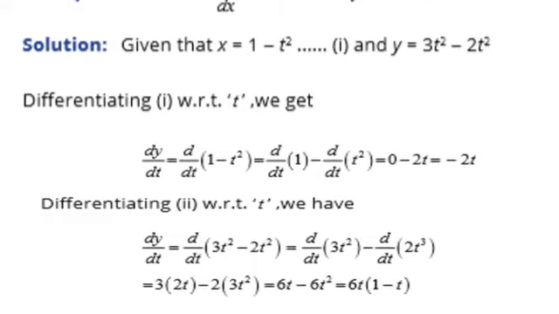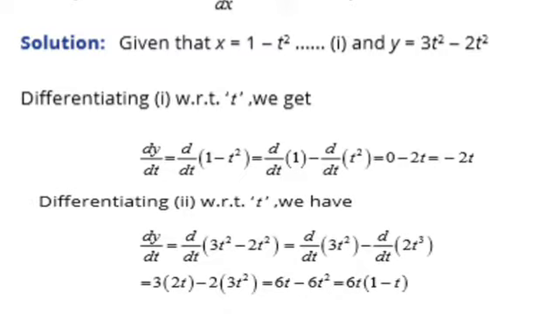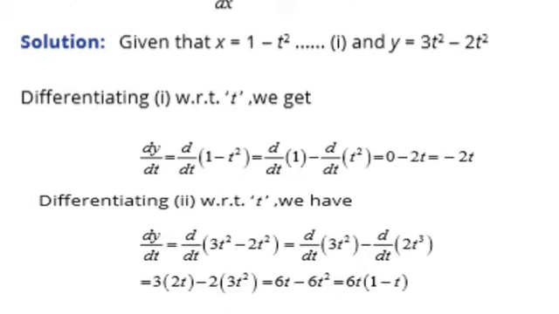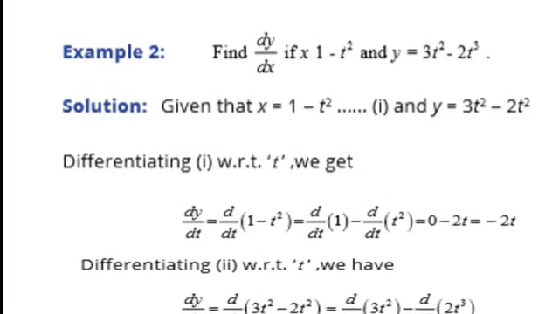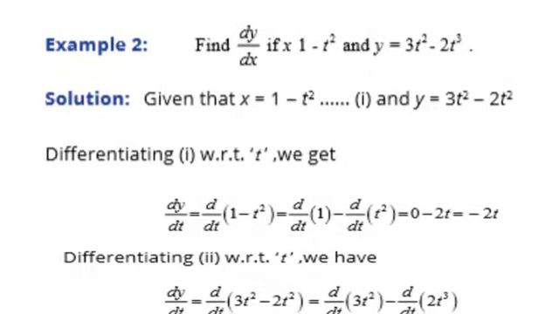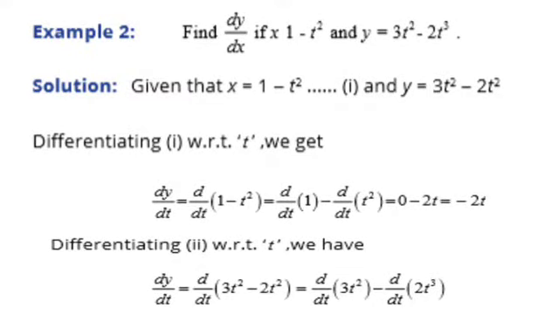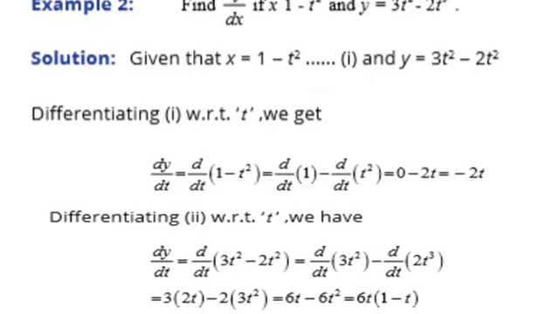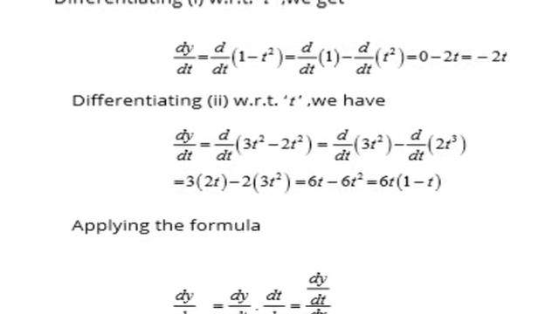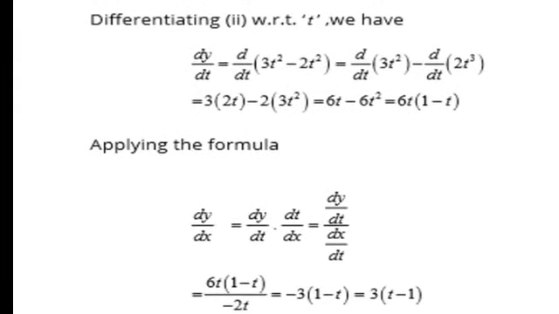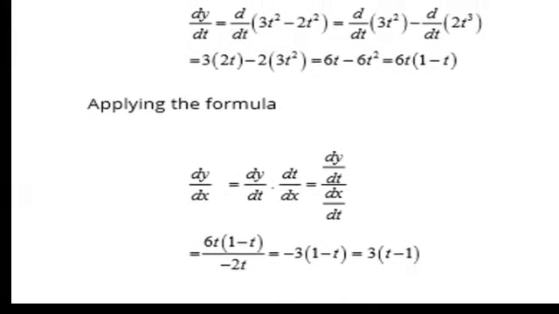For the derivative of y we apply the power rule to 3t square. It becomes 6t, because the power multiplies with the base, and the derivative of 2t cube becomes 6t square. Then we apply the chain rule in division form.